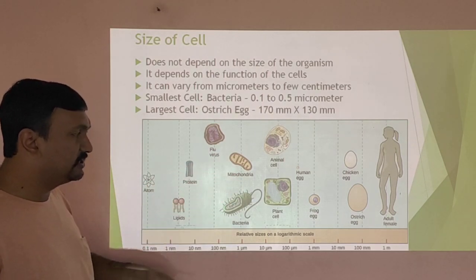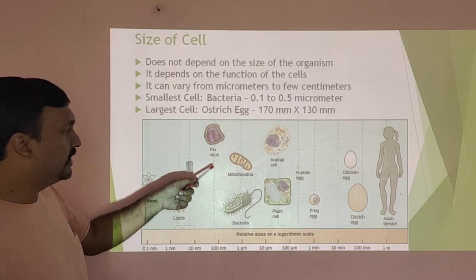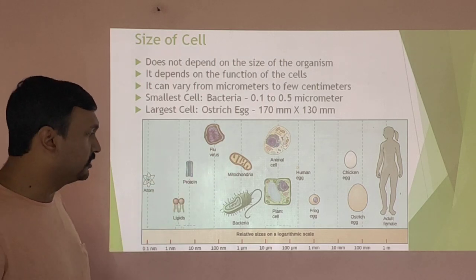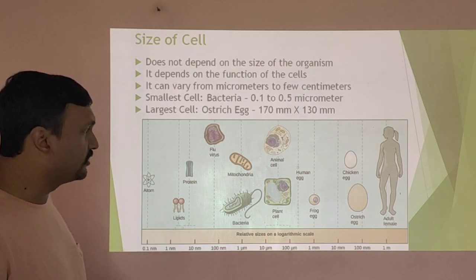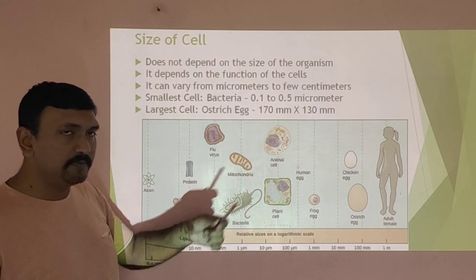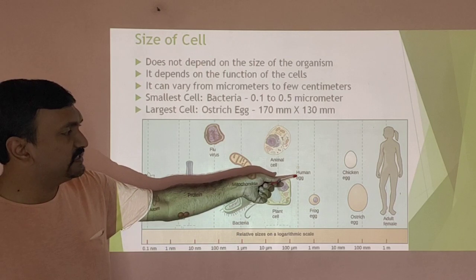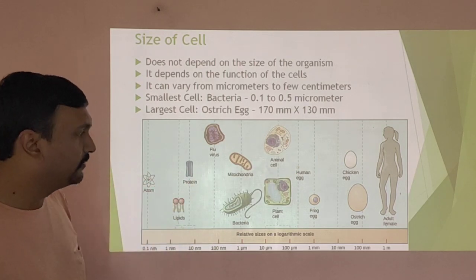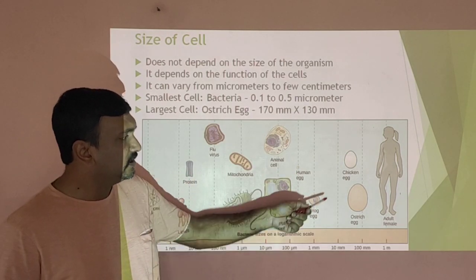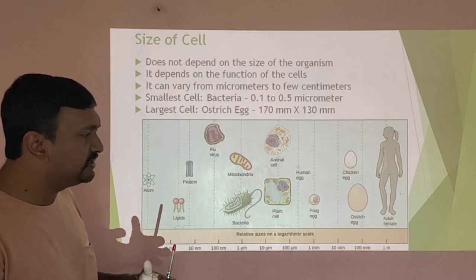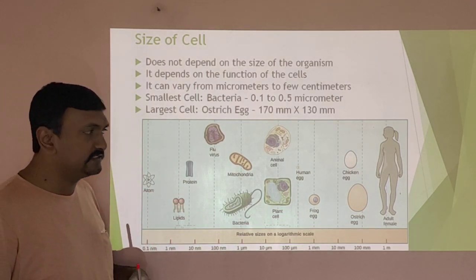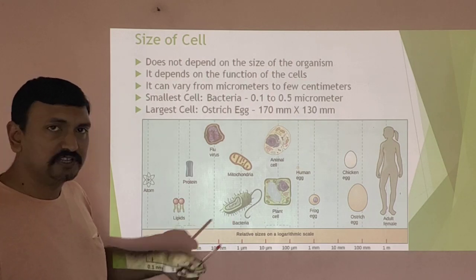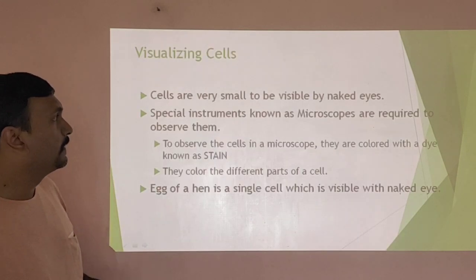Mitochondria is a cell organelle, but the flu virus is even smaller than the mitochondria. Bacteria are almost of similar shape as mitochondria. Then plant cell, animal cell, a human egg, a frog egg, chicken egg, an ostrich egg. You can see different sizes of the different cells or the subcellular structures.